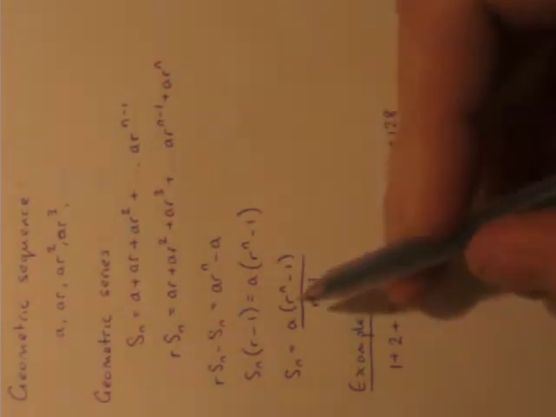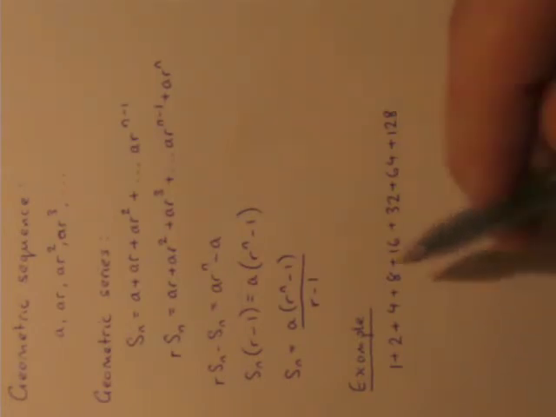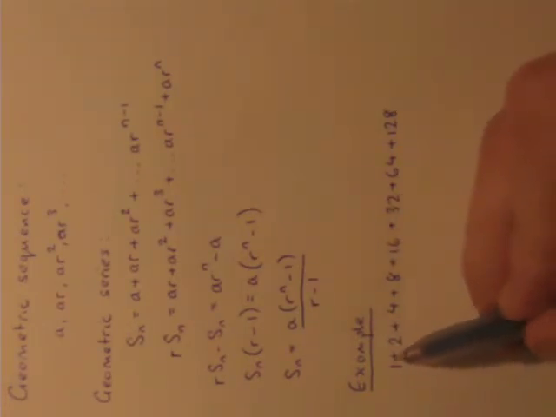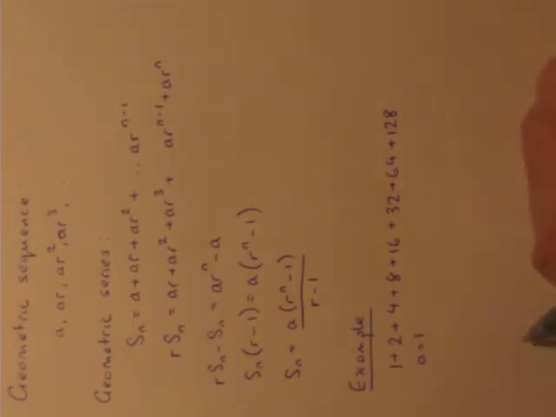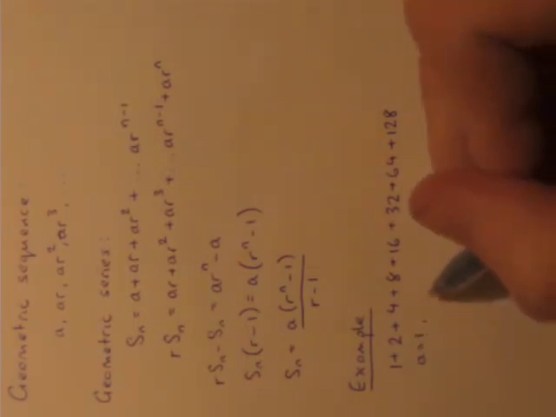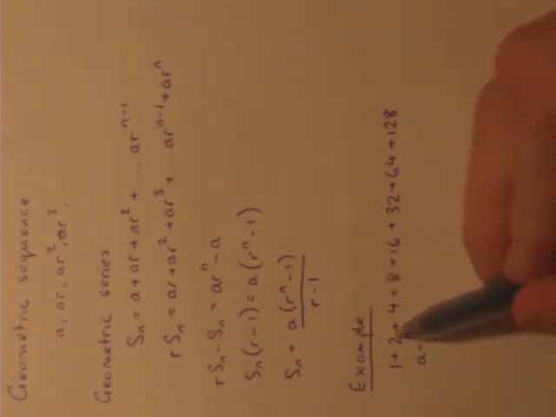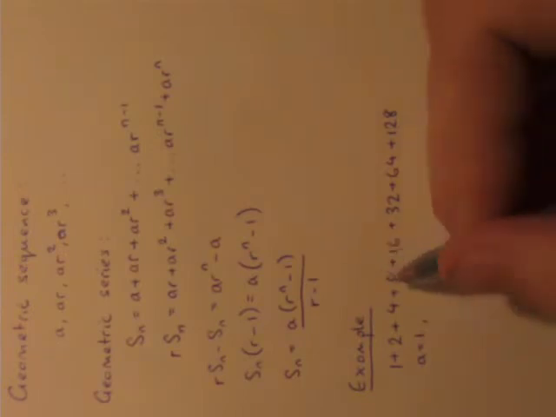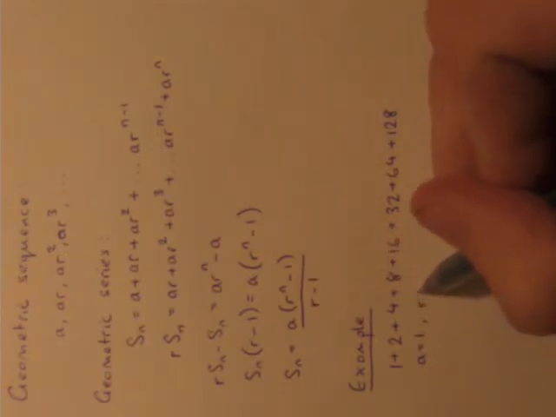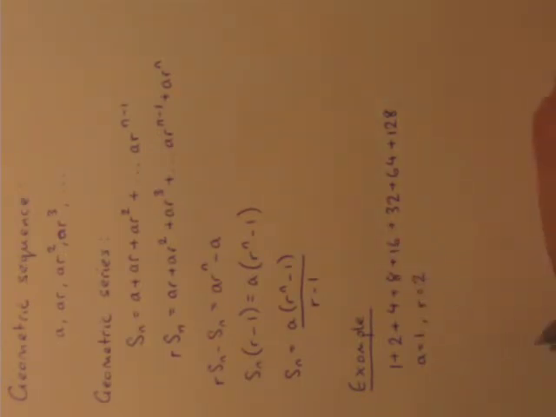Let's see if we can use this formula to help us. So the first term, a, is equal to 1. The common ratio between terms is 2.